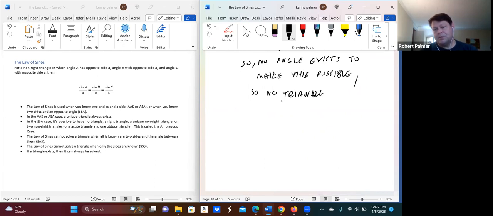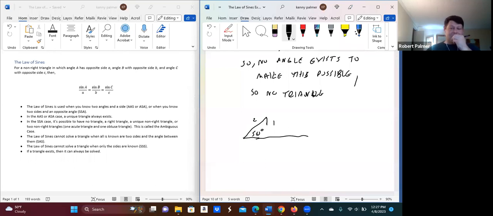So no triangle exists. To try to draw a picture of it, it probably looks something kind of like this. Here's our 50-degree angle. Here's our side 2, but the problem is the opposite side here is only 1. So basically, we can't complete the triangle. So if this goes on forever, we can't make a triangle.